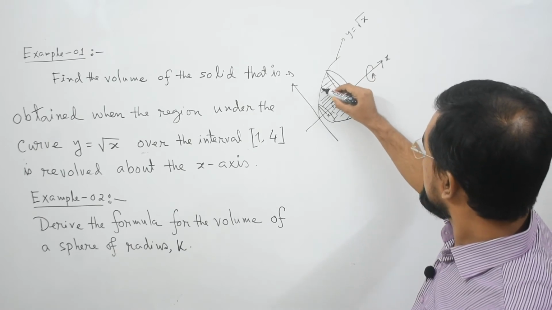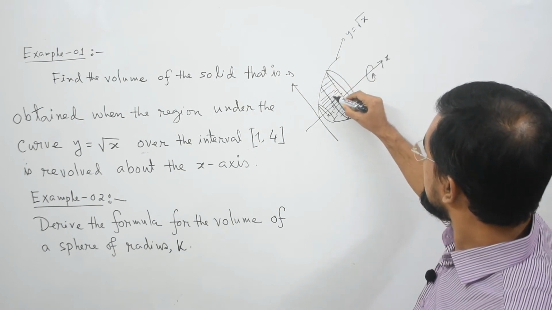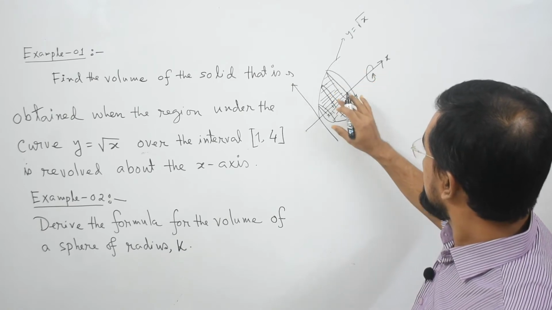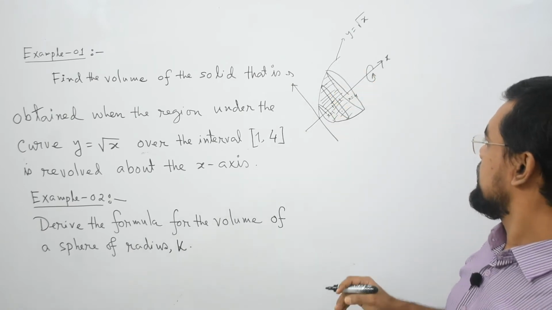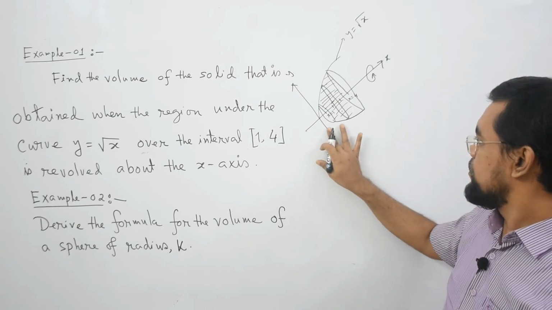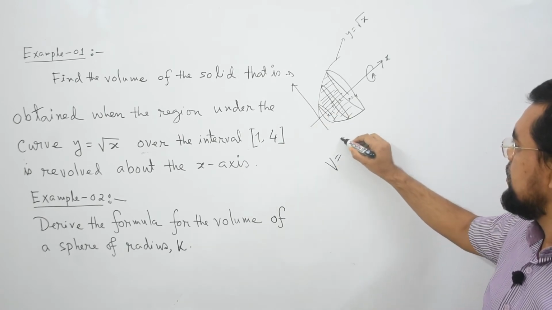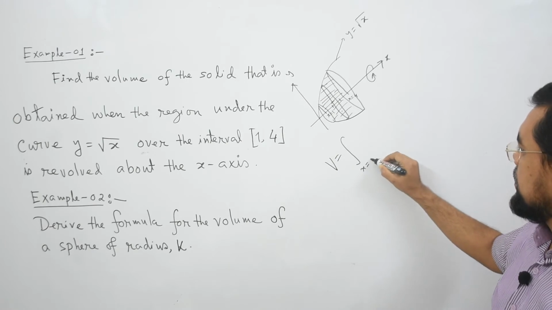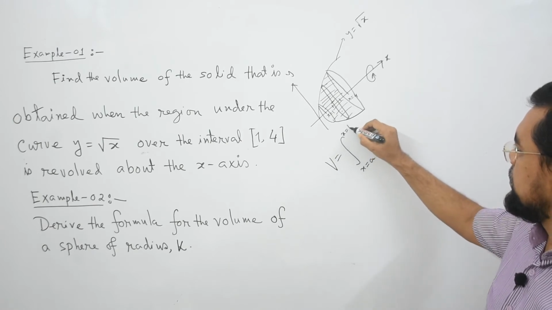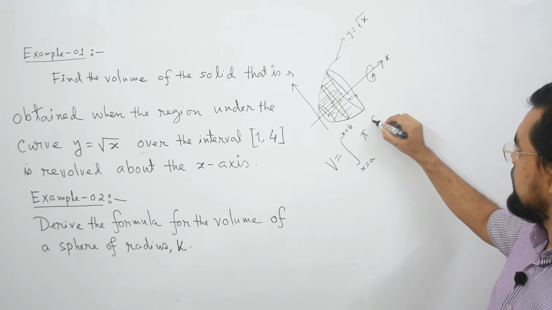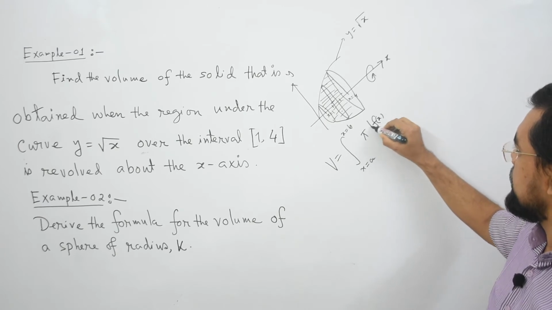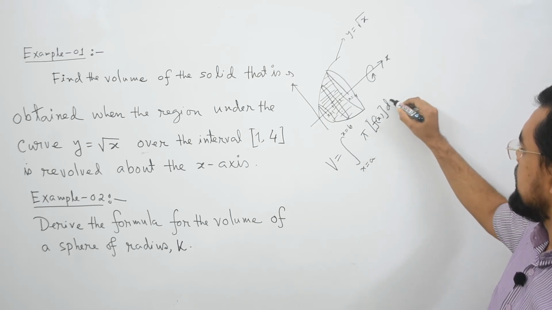And now if you take a cross section here, a circular cross section, this cross section will be perpendicular to the x-axis. So we need to use volume formula 1. It means integral from x equal a to x equal b of pi f(x) square dx.